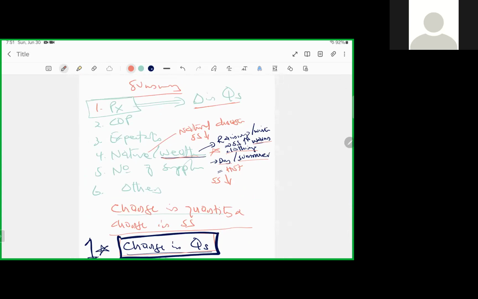Which factors are we talking about? 1 up to 6. Remember, there are other factors that we do not know.